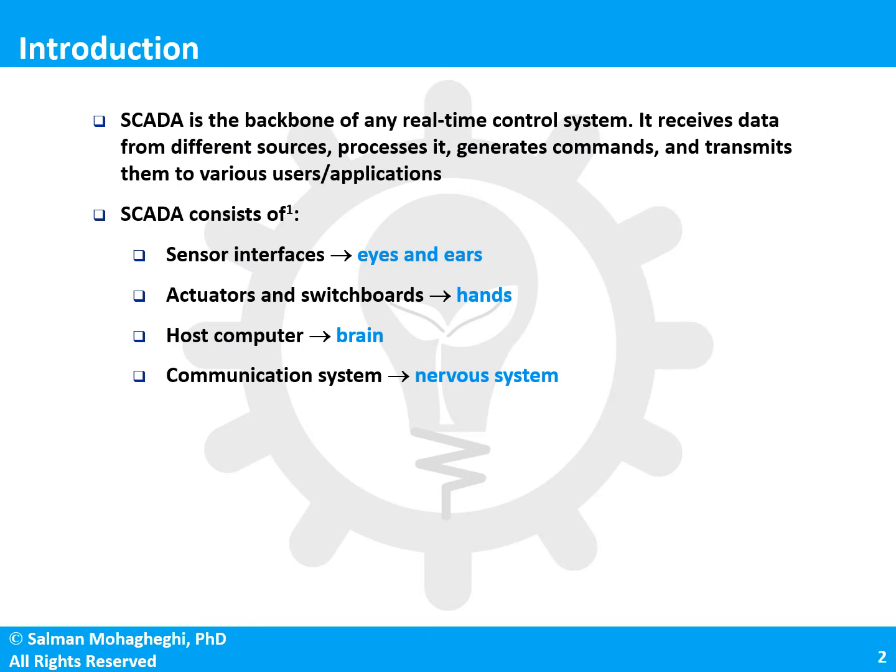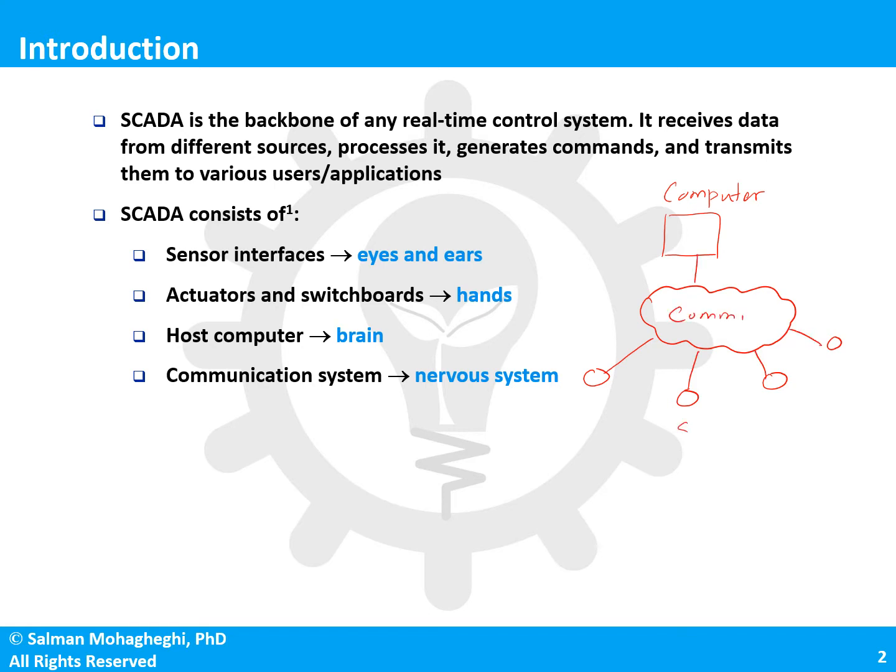SCADA system creates the foundation of any real-time distributed control system. Essentially, it consists of a host computer which receives information from various sensors within the system through a communication network. So in the very general case, we can show it as the communication cloud.